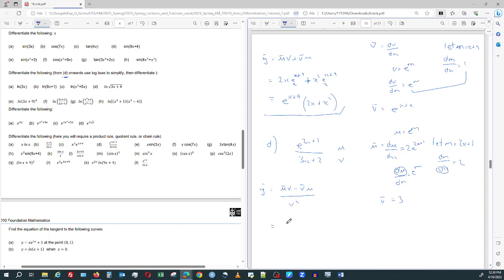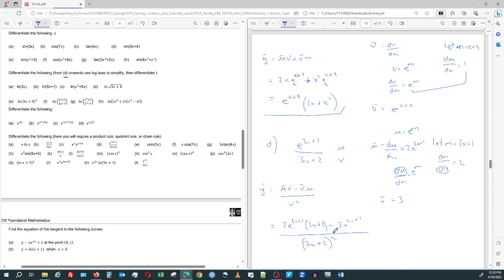So we'll have 2e to the 2x plus 1 times v, so we'll put that in a bracket, minus v dash, which is 3, and u, which is e to the 2x plus 1, all over v squared, that is your y dash.